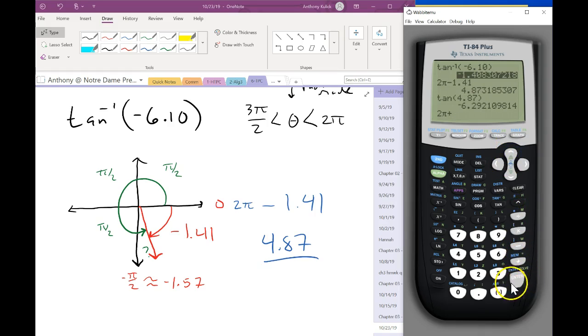So I'm going to add this negative as the same thing as subtracting the positive. And if I do tangent of that, I probably get something that's a bit closer. Yeah. So we're off just because of the rounding. So just kind of keep that in mind if you're going to check. If you're pretty close, that's probably good enough, because if you did any rounding, you're going to lose some accuracy there. But that's much better.